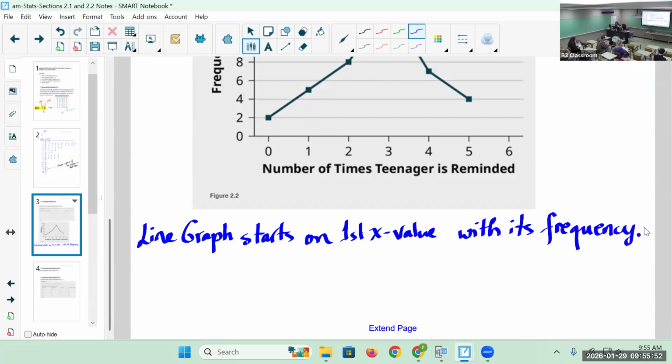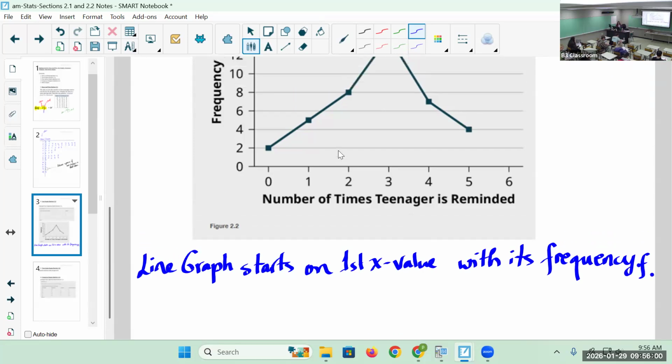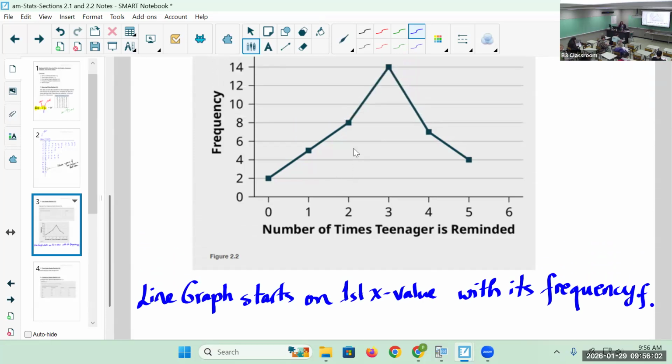I'm going to put F here, frequency F. In a way, like you do in algebra, and what I'm saying seems like a minor thing, but things are going to start changing in the next ones. So these are your X's, and this is F in here.